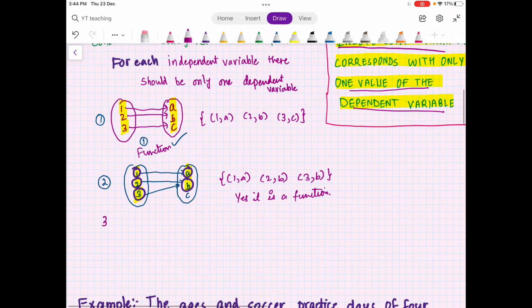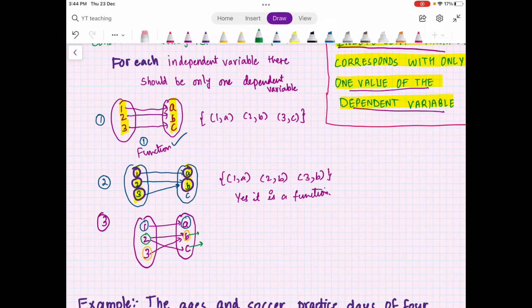For example, I can give you this one: 1, 2, 3, and then you have a, b, c. So 1 is going to a, 2 is going to b, 2 is going to c, and 3 is going to b. Here you see, corresponding to 1, you have only one dependent variable a, and corresponding to 3, you have only one dependent variable, which is b, and corresponding to 2, you have two dependent variables, which are b and c.